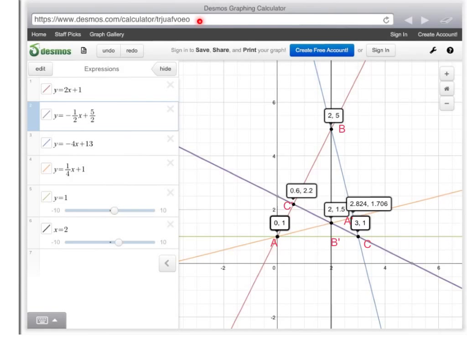You can also find this graph at this URL. So you can use Desmos calculator, and if you enter this last bit, TRJUAFVOEO, you'll have this graph and you can play around with it.